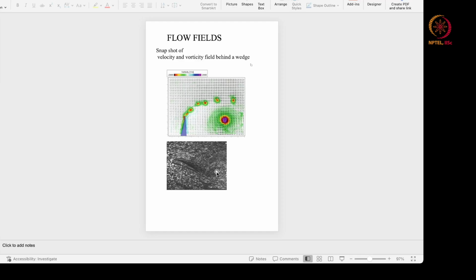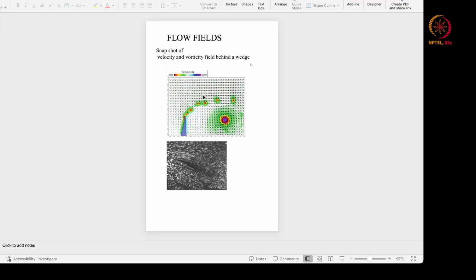There are countless examples like this where we need to know what is happening. The flow can be steady, it can be unsteady, it can be sudden or impulsive, there can be many things. So all these things together, you see that this velocity field is composed of so many transient structures and complexity.